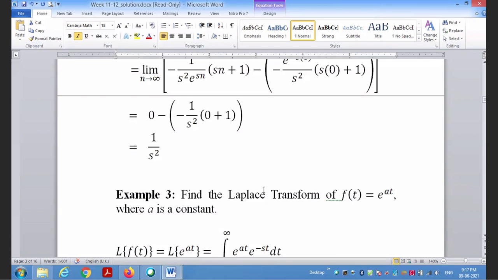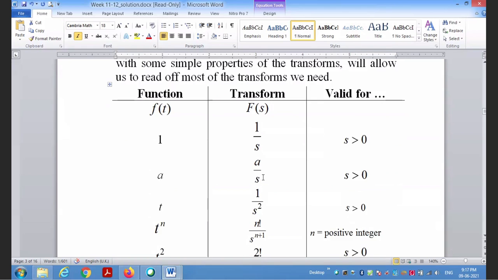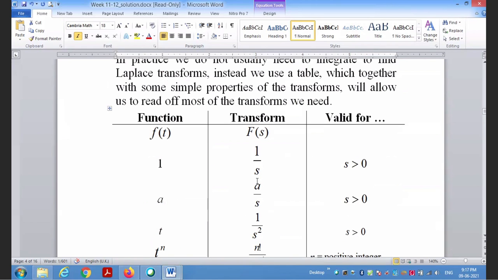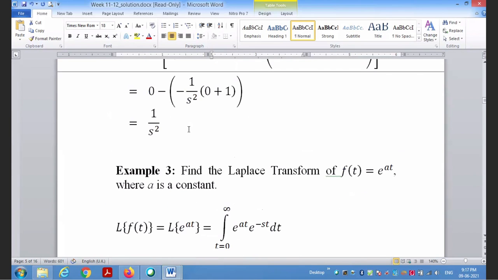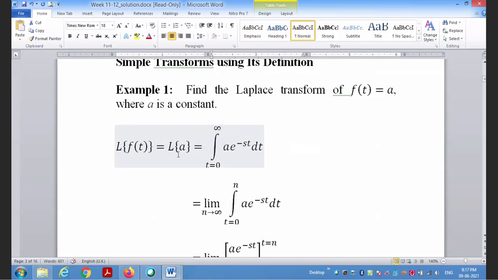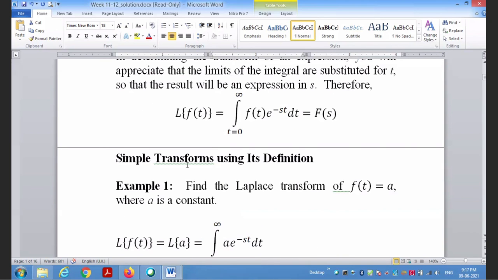Normally you are given the Laplace table. This is the table of f of t, and the table of F of s, where F of s is the Laplace transform of f of t.